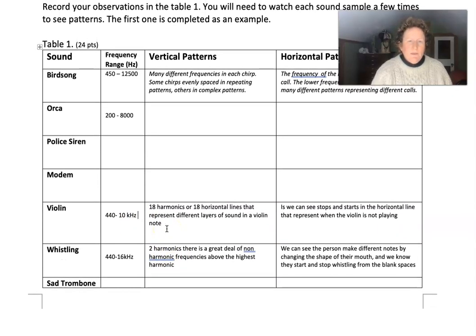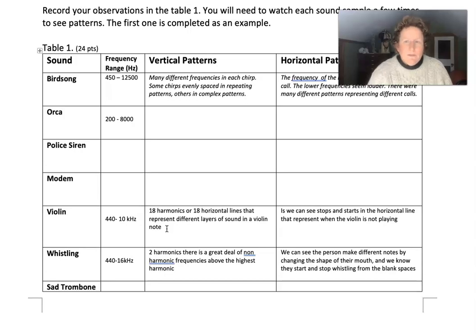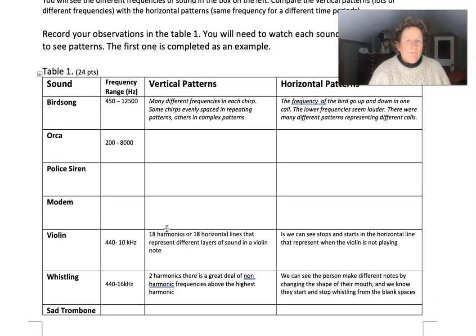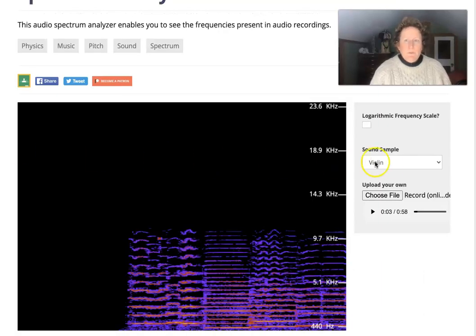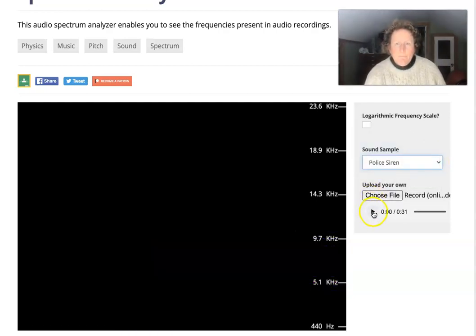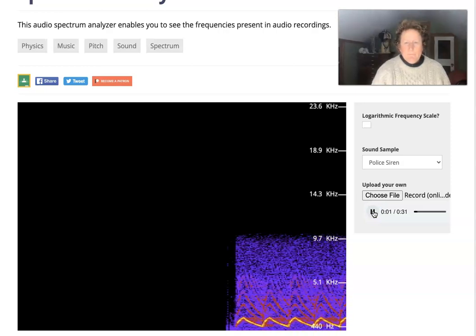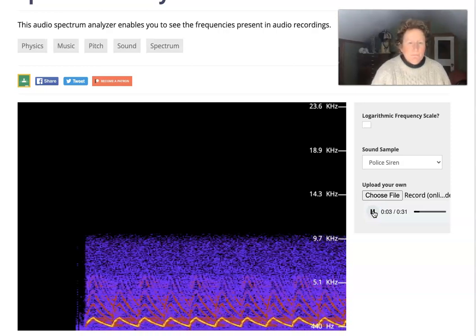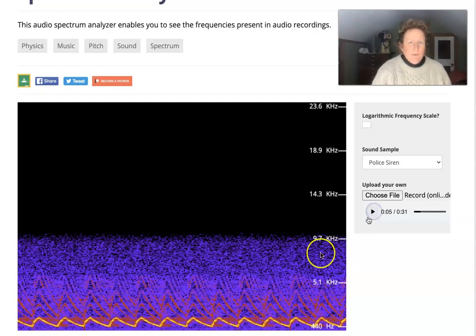Now let's think a little bit about the difference between noise and music. Most people would consider a police siren as noise and not music. It does have a harmonic here.